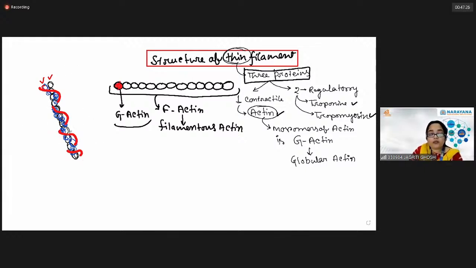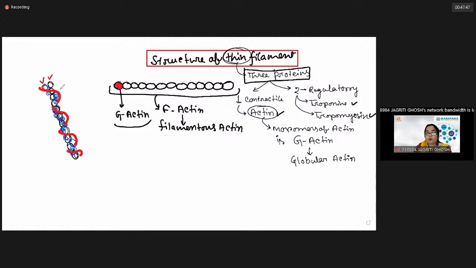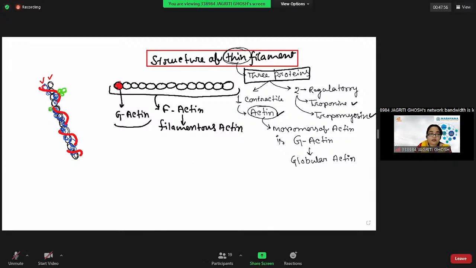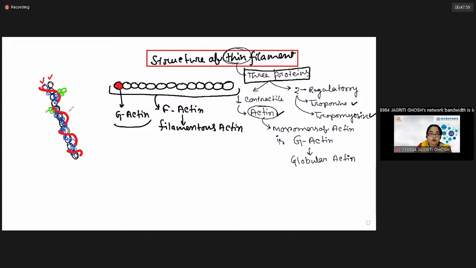On top of that, another protein known as tropomyosin is attached. Now on top of tropomyosin, some proteins sit so that tropomyosin does not move from its place. This is troponin. Troponin protein has 3 units.